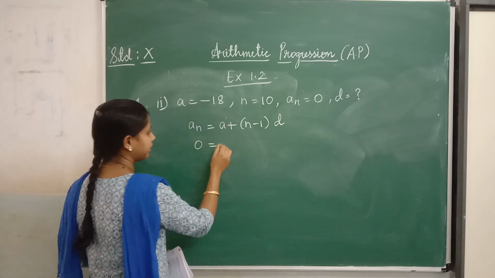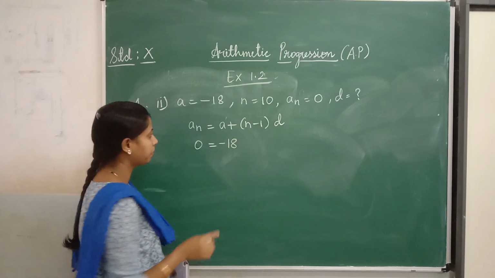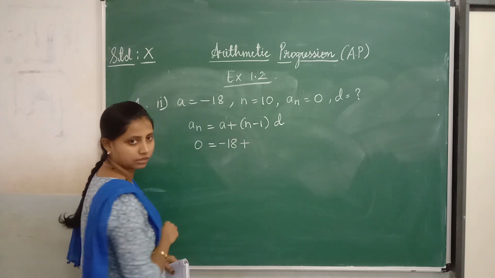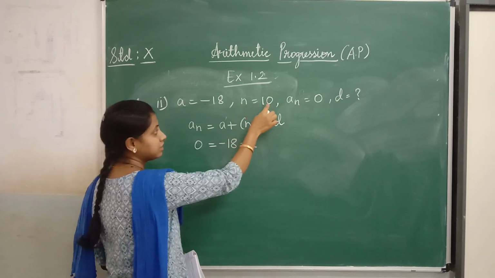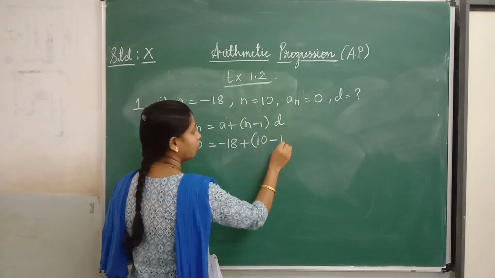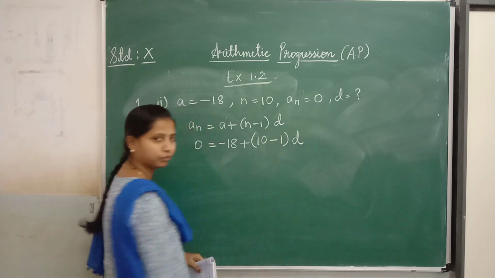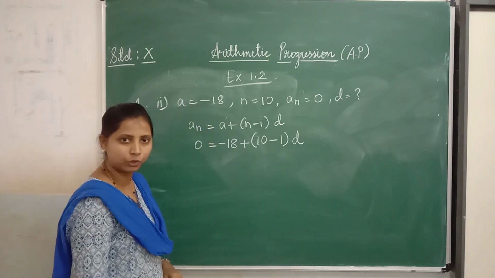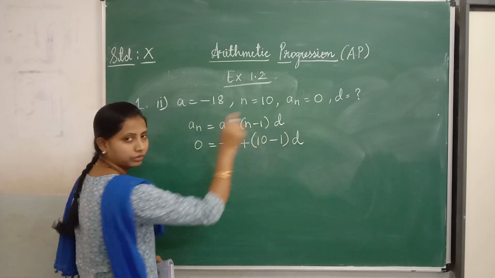So in place of that, write minus 18. Whatever they have given, just substitute. Plus, as it is, bracket n, n is given as 10. So write 10, minus 1. Then d. D we have to find, that is difference.